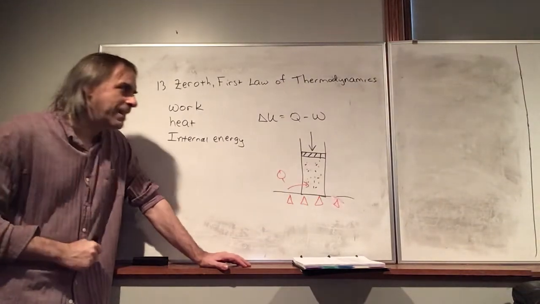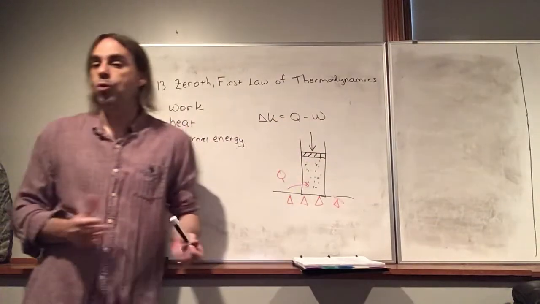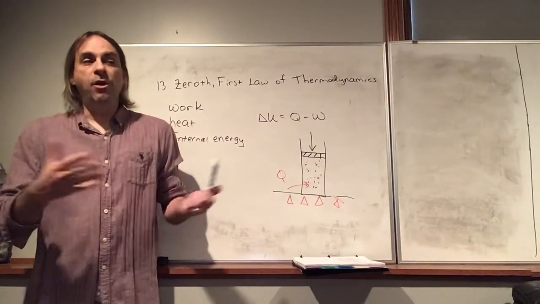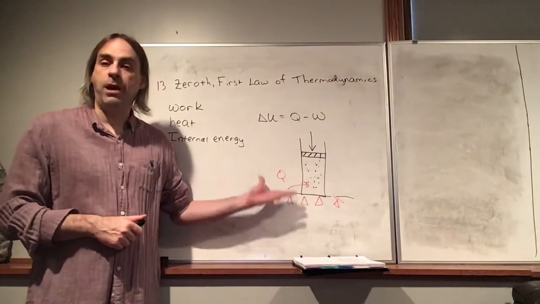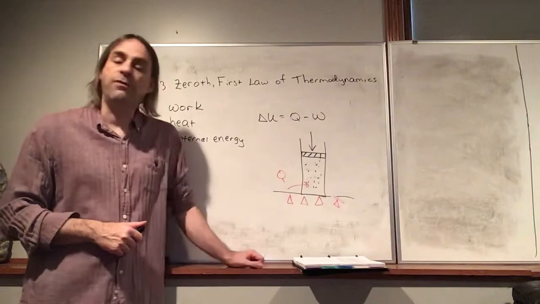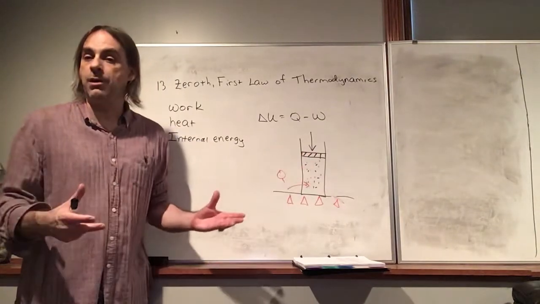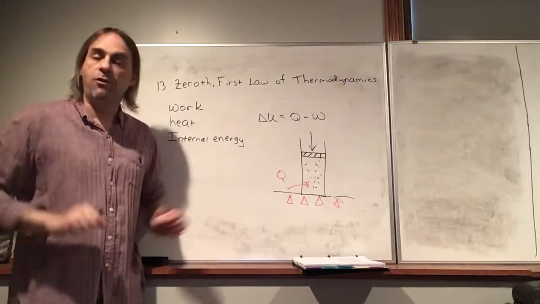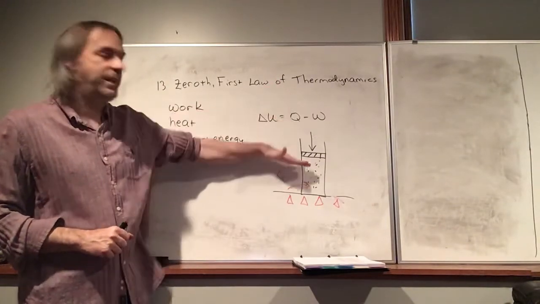But it's a little bit tricky though, because Q and W represent heat and work, and those can go in either direction. Like here, actually put this on a hot plate, and then heat is going to flow into the gas. But what if the gas is hotter than its surroundings? Then heat can flow out of the gas. And similarly, I did this example where we're pushing down on this piston.